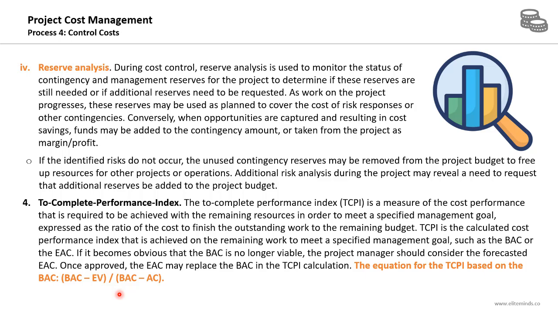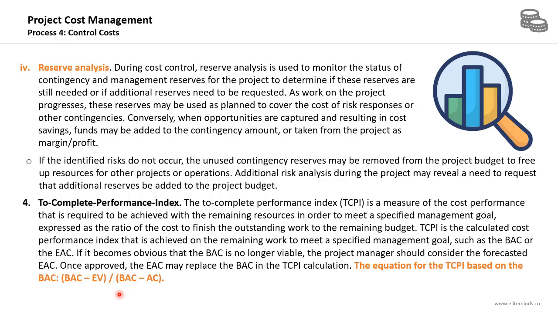TCPI is the calculated cost performance index that is achieved on the remaining work to meet a specified management goal, such as the budget at completion or the estimate at completion. If it becomes obvious that the budget at completion is not viable anymore, the project manager should consider the forecasted estimate at completion instead of the budget at completion.